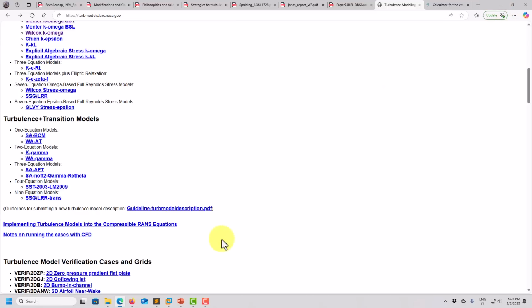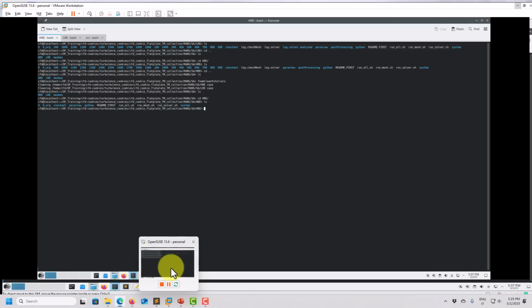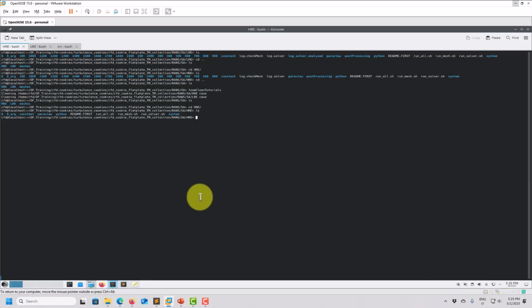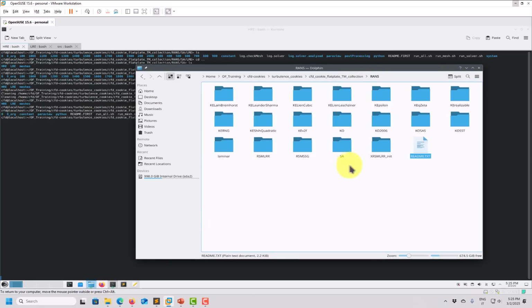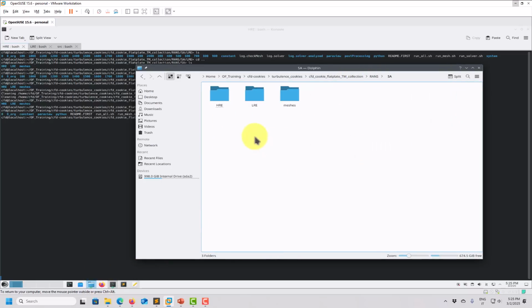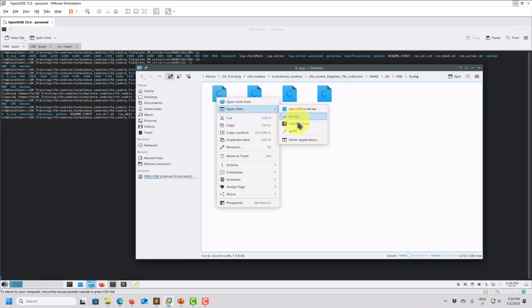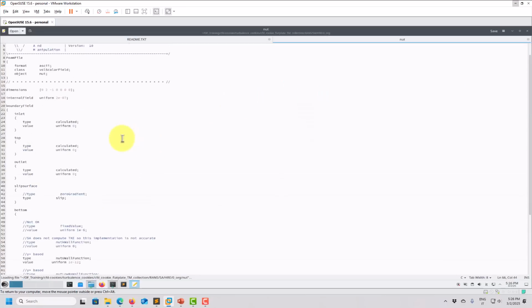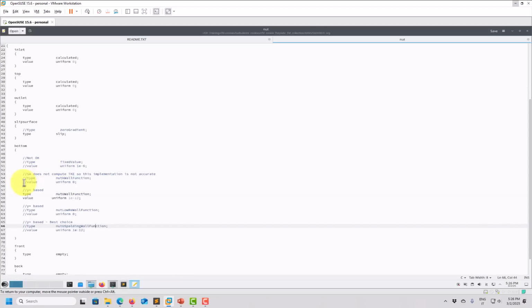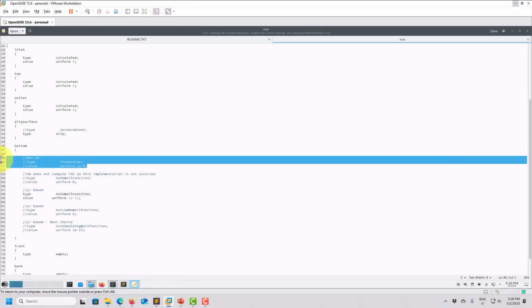So now let's go back to the actual case. What I want to revisit is the high Reynolds treatment and see different behaviors. Let's modify just the nut wall condition. This one is not okay, but it will work.